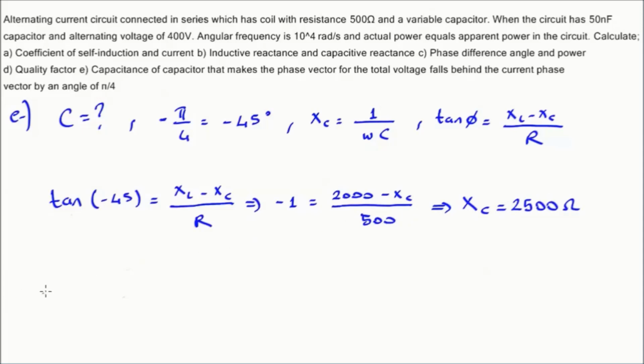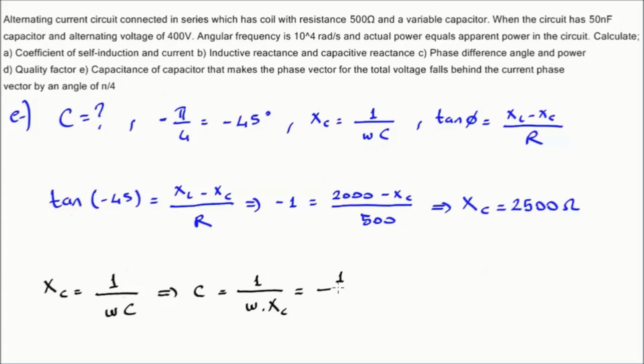And now I can calculate the capacitance. XC equal 1 over omega C. So C equal 1 over omega times XC.